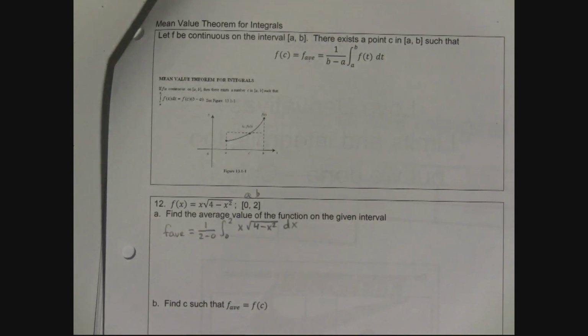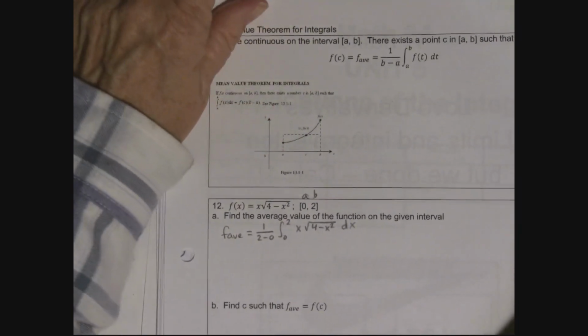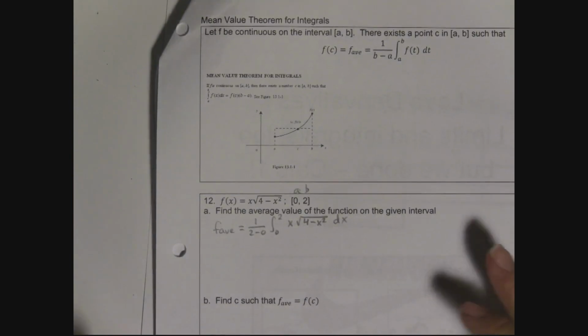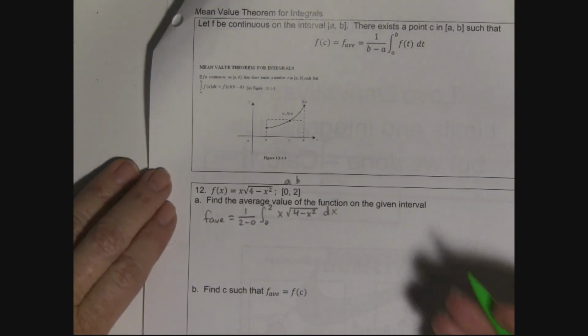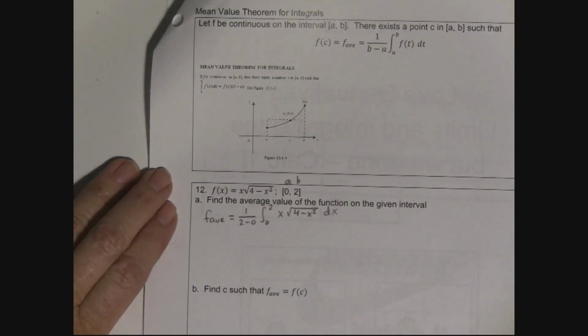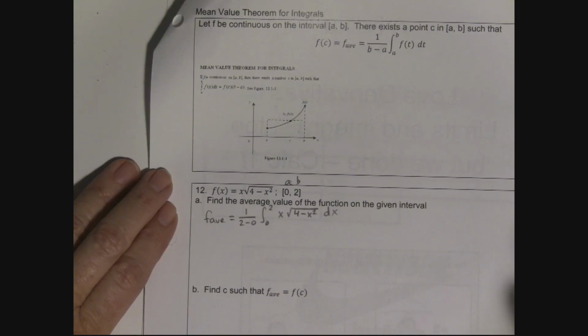And then I have to integrate that, and I have half just coincidentally out in front again. Did I have half out in front before? Because it was 3 take away 1, so it was half, and this is 2 take away 0. So yeah, I did have half on the other one as well, just coincidental. If it would have been going from 0 to 63, then I would have had 1 over 63 out in front.